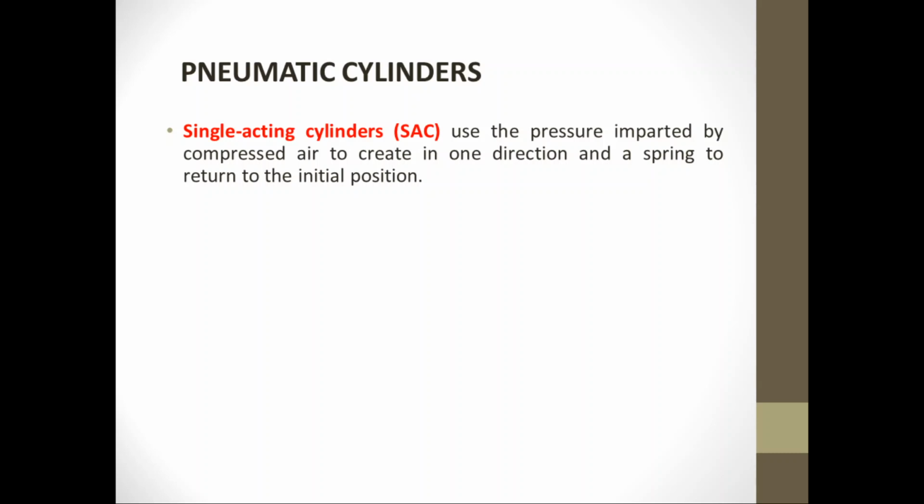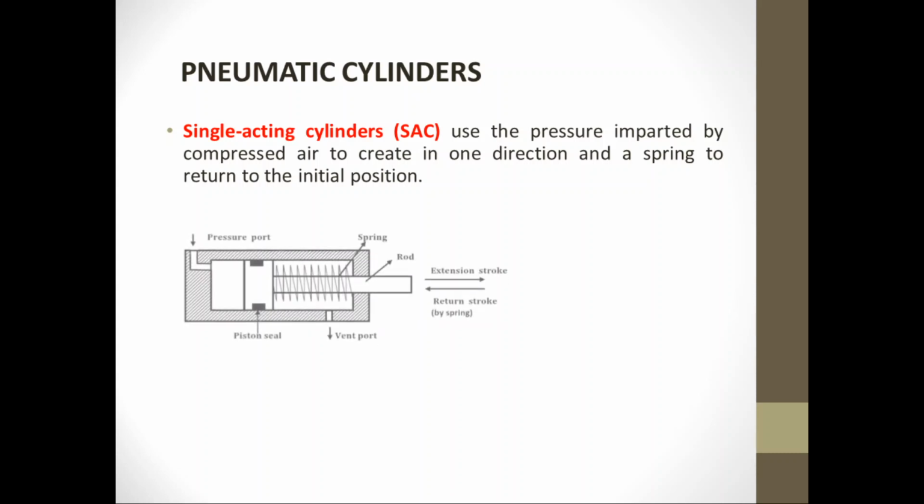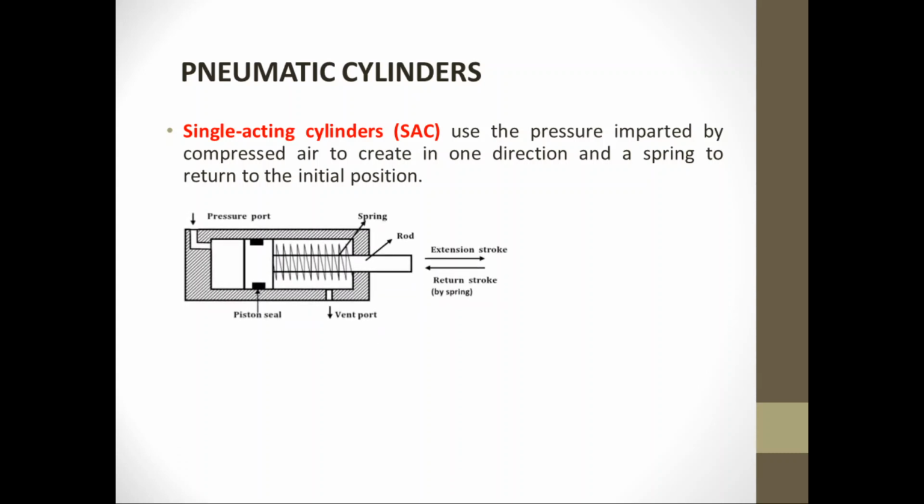A single acting cylinder uses the pressure imparted by compressed air to create motion in one direction, and a spring to return to the initial position. It can be visualized as this one.